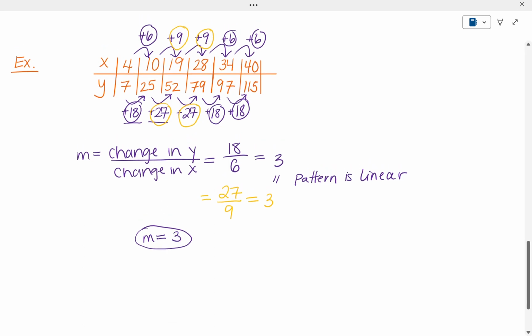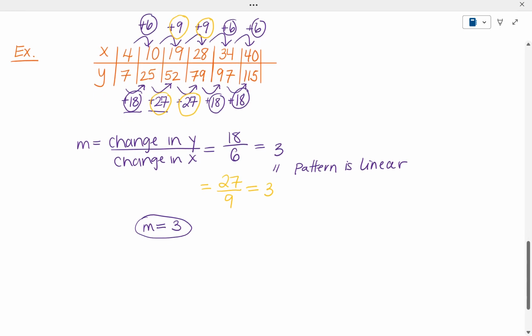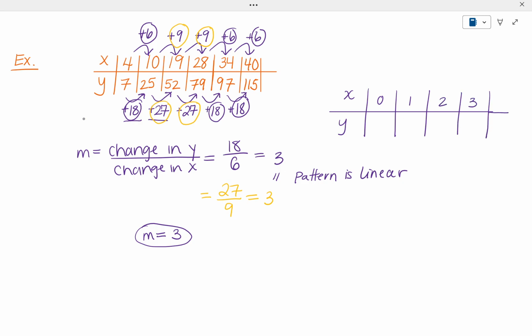So if we wanted to find the value of the y-intercept, we can move back to the 0 term. So what we could do is we can set up a new table. So x, y, and let's say this is 0, 1, 2, 3, and 4.